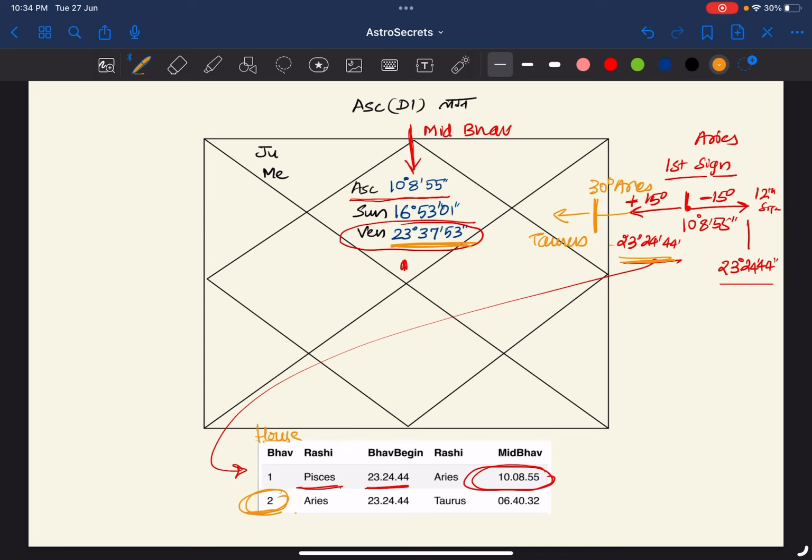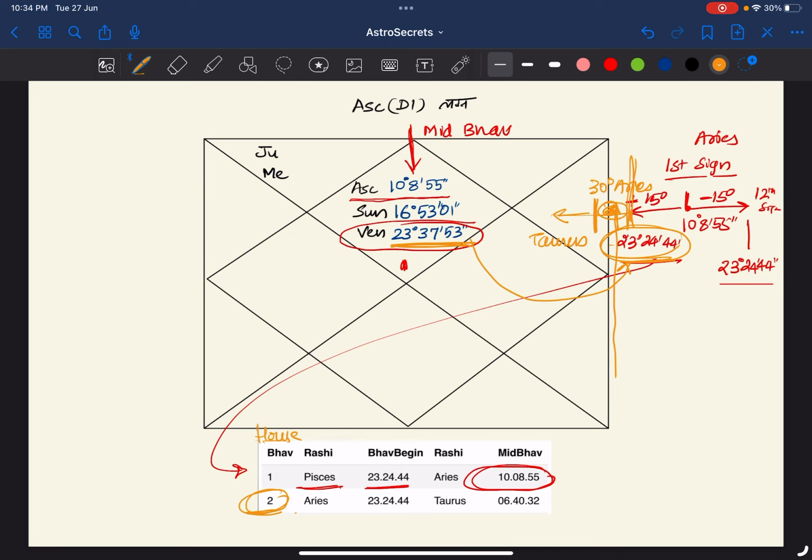So Aries sign till 23, 24, 44 is the first bhav, first house itself. But after this point, we have the second house, starting from this point onwards. So if we take a look at Venus precisely, Venus is falling somewhere around here.